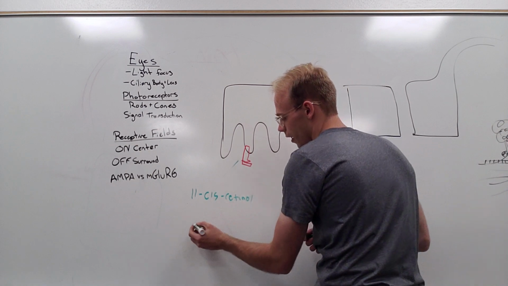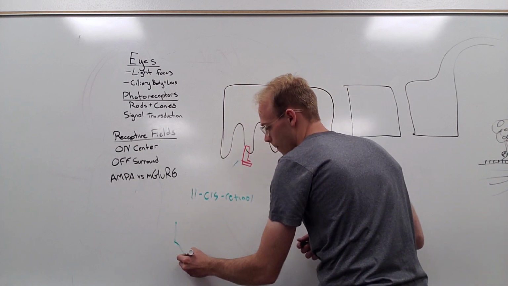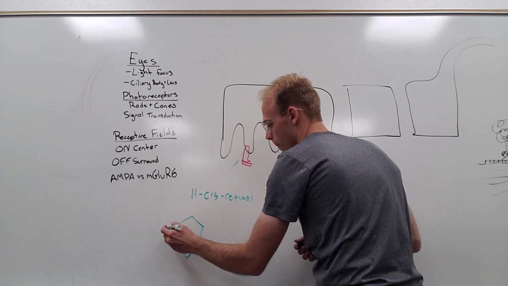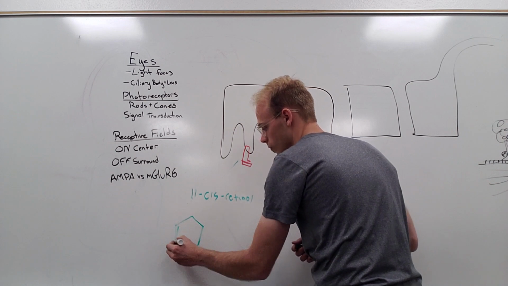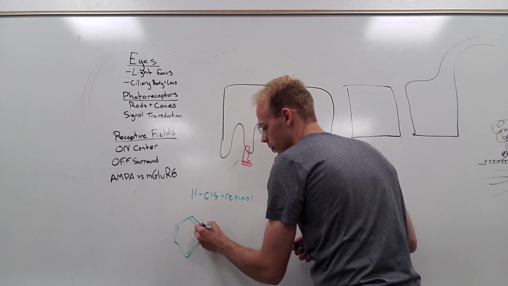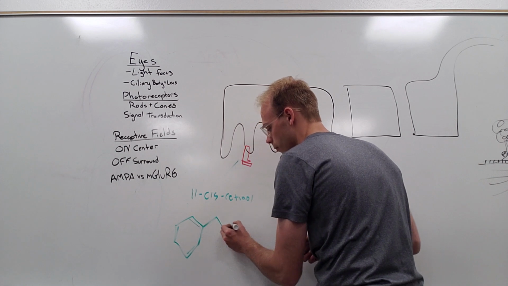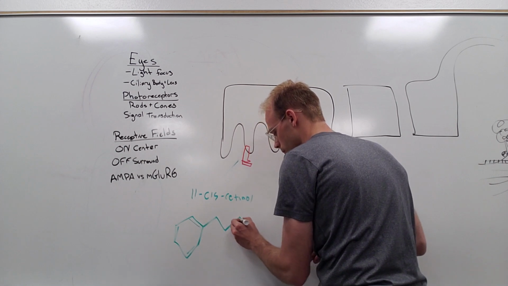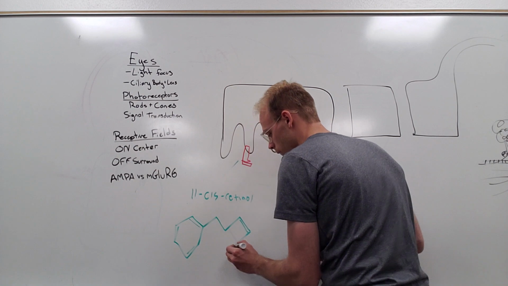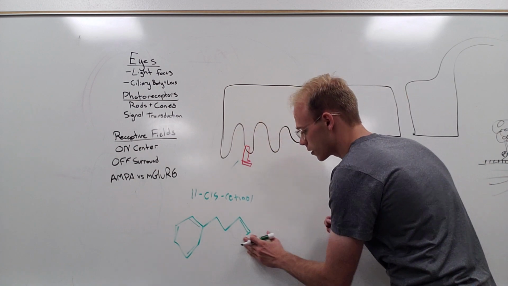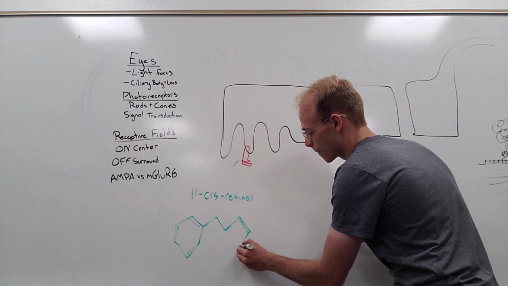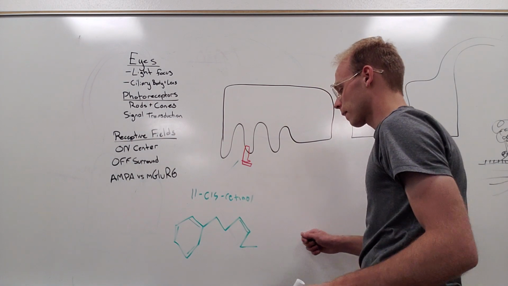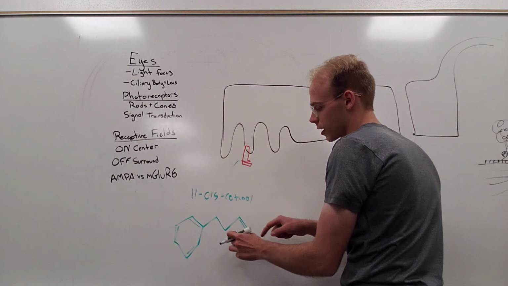And so what that means, you've got a fun benzene ring. So it looks kind of like this. And so the cis means these are facing the same way.